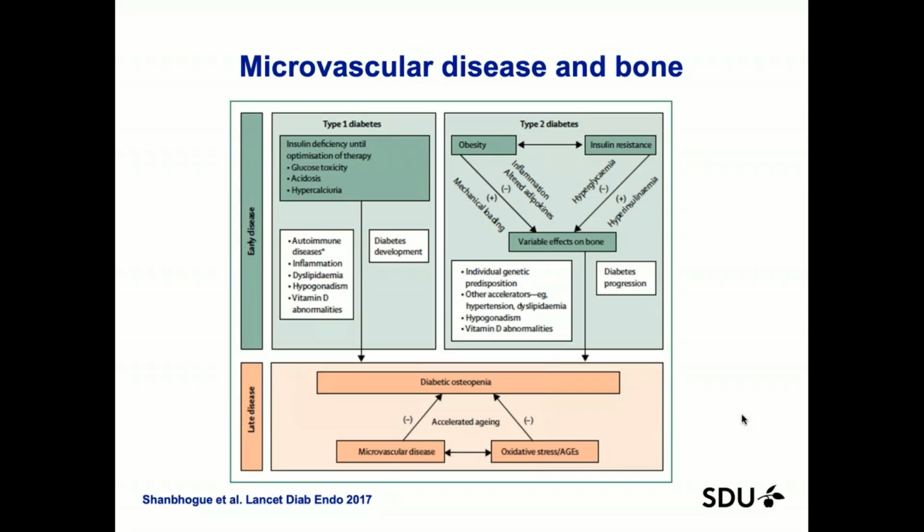So microvascular disease could have a particularly deleterious effect on bone, perhaps more so in the cortical bone than the trabecular bone, as indicated by increased cortical porosity in the HR-pQCT scans. It is something that hasn't really been corroborated yet.